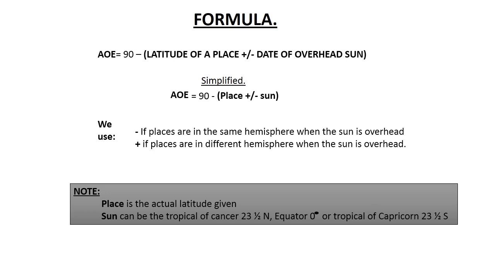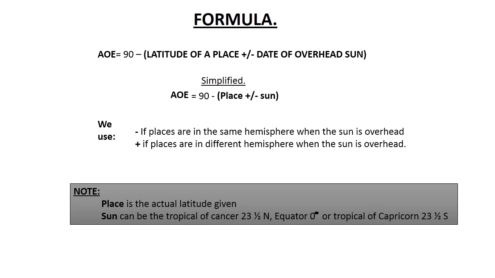When I say sun, it can be the Tropic of Cancer, 23.5 degrees north, equator 0 degrees, or Tropic of Capricorn 23.5 degrees south. These are the only places where the sun is.